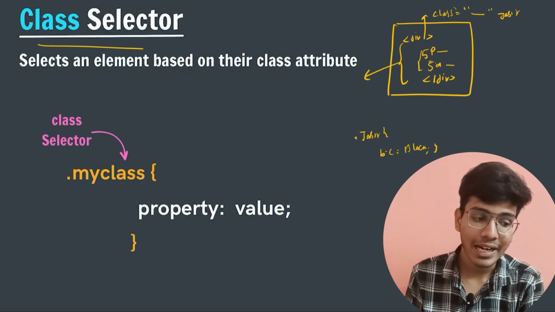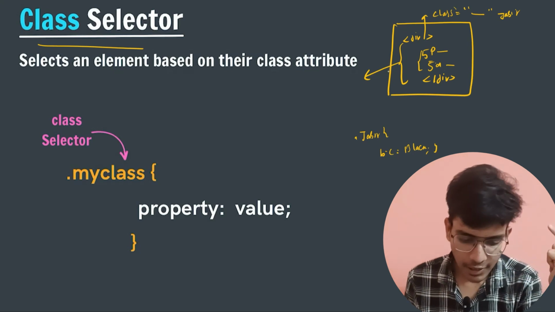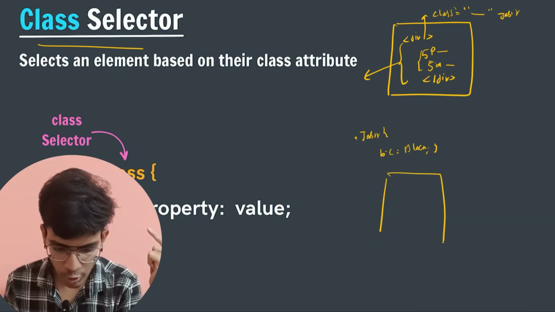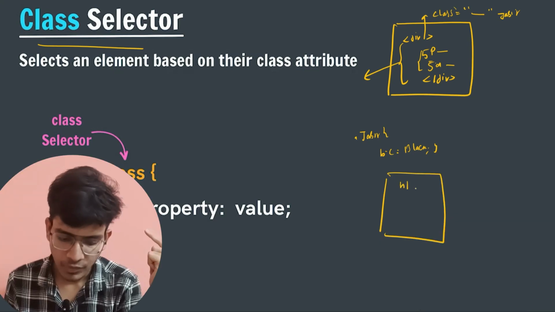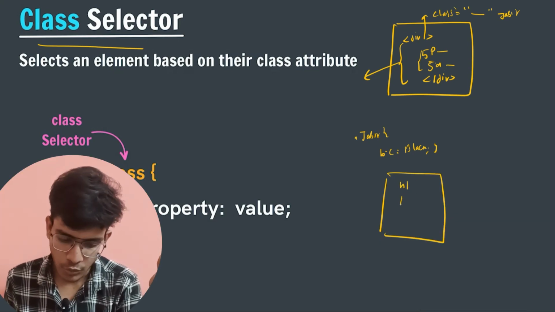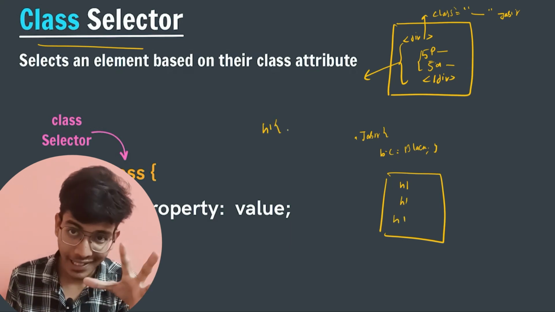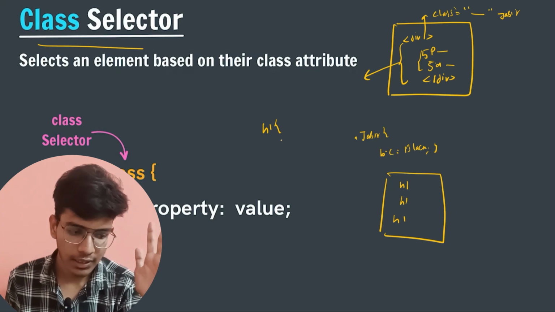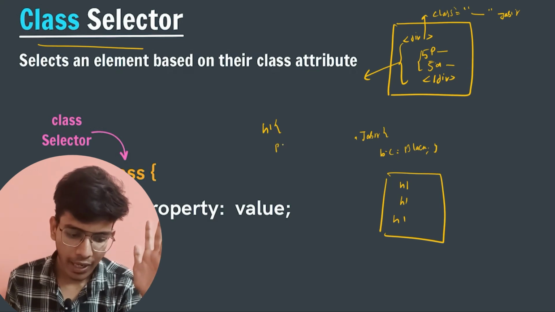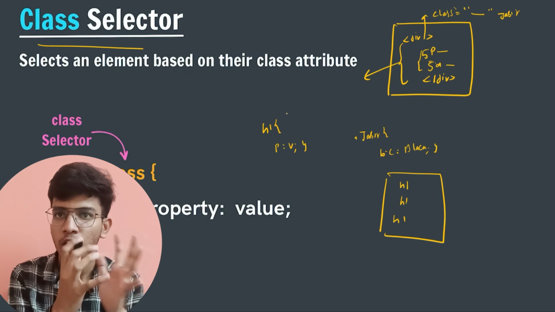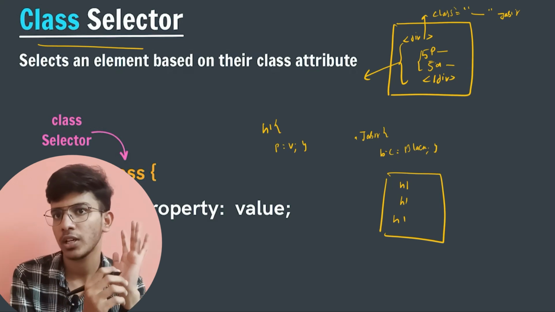Another use case of the class selector: let's say that in a document you have 10 h1 tags, or 3 h1 tags. Now you are using the h1 element selector, and you will give property values. Like this you are styling the h1 tags.